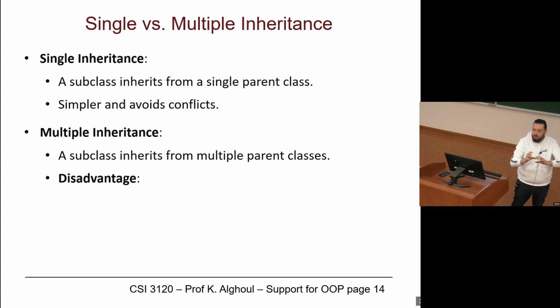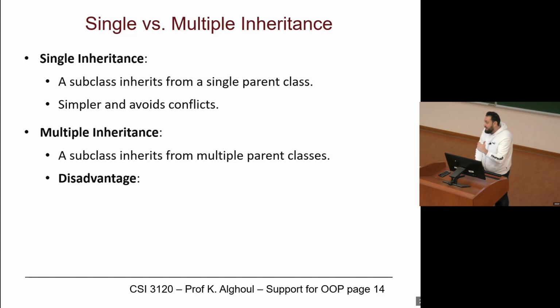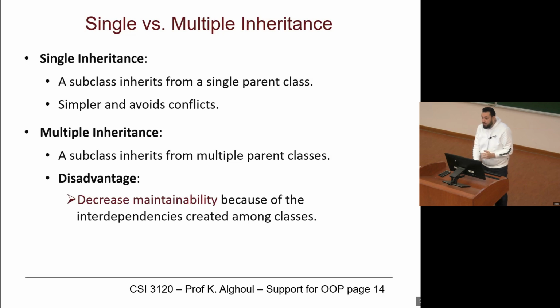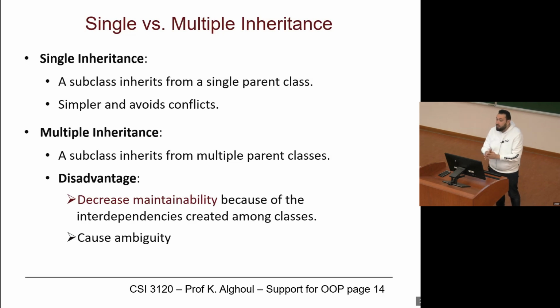What is the benefit? Here I'm reducing ambiguity. If I have more ambiguity, that means it's harder to maintain because I have to track things back. So maintainability will be reduced. There is a decrease in maintainability because of the interdependency created among classes, which is based on the ambiguity.